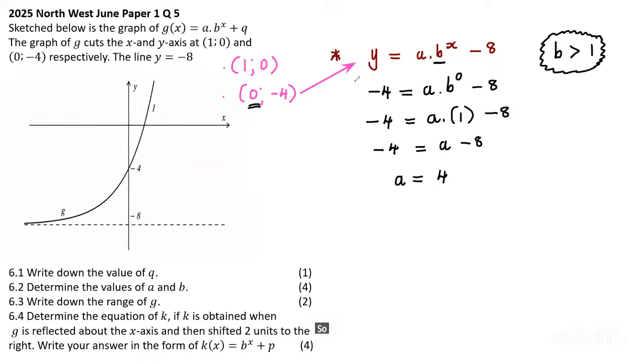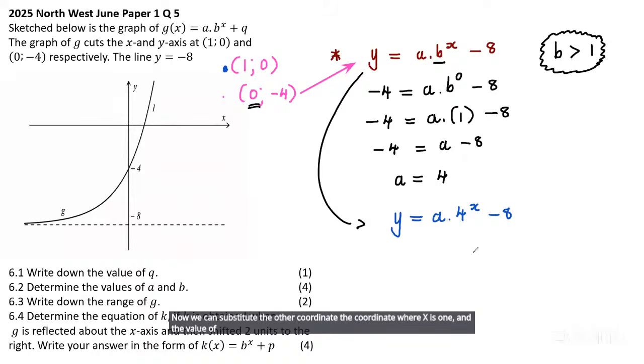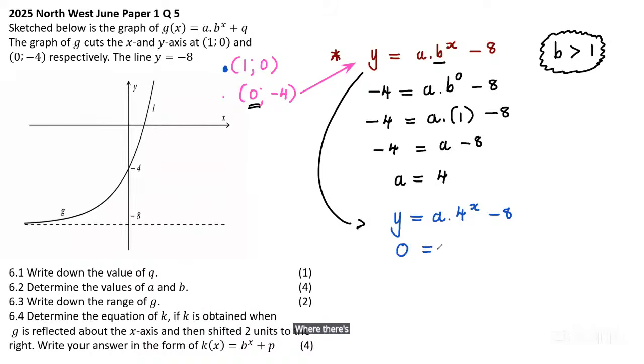So let's confirm that. What do I currently know? I know that Y is 4 times B to the power X minus 8. Now we can substitute the other coordinate, where X is 1 and the value of Y is 0, in order to get B. So where there's Y, I put 0.